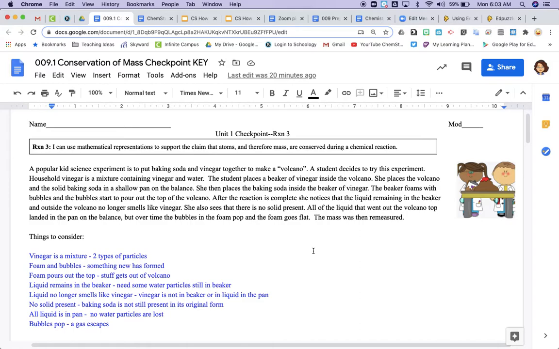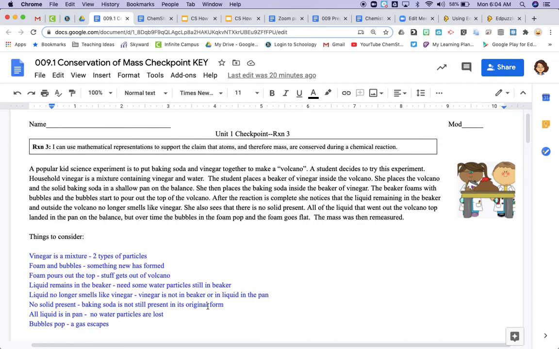There's no solid present. This is an indication that baking soda is not still present in its original form. Whatever you used for your baking soda particles, they now need to have reacted with something else to create something new because they're not there. All the liquid is in the pan. This tells you that all the water particles that were in the volcano originally need to be distributed between the beaker that's in the volcano and the pan next to it.